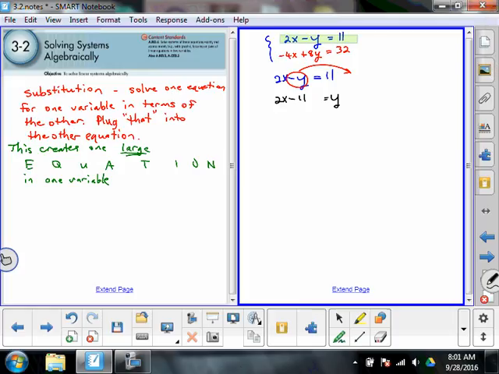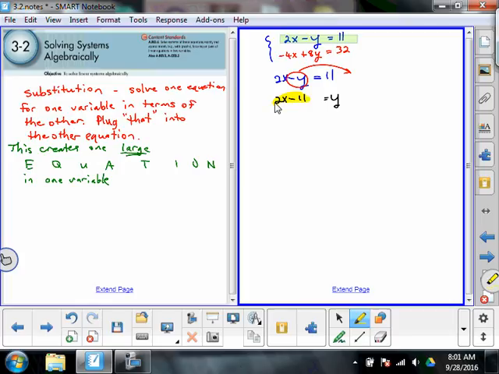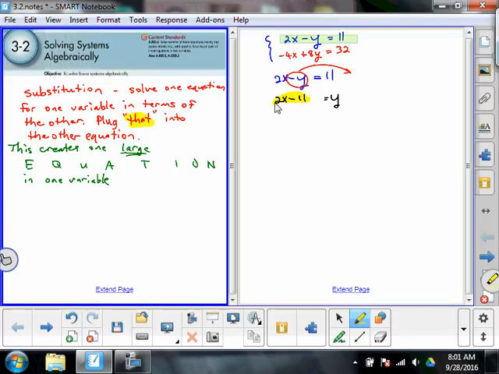What's that exactly, specifically in this problem? Something about the equation. What did we say about the equation? 2x minus 11 is the that. Does that make sense? 2x minus 11, this right here is the that we're talking about. Does that make sense? Good.